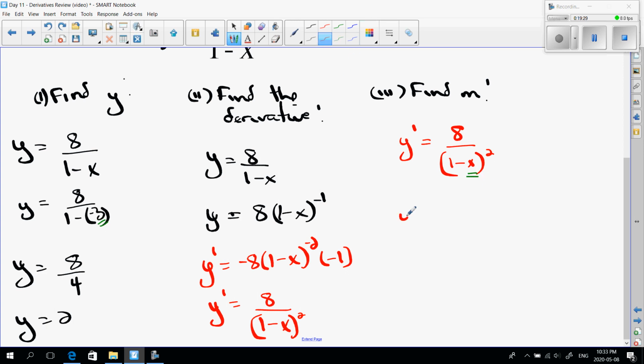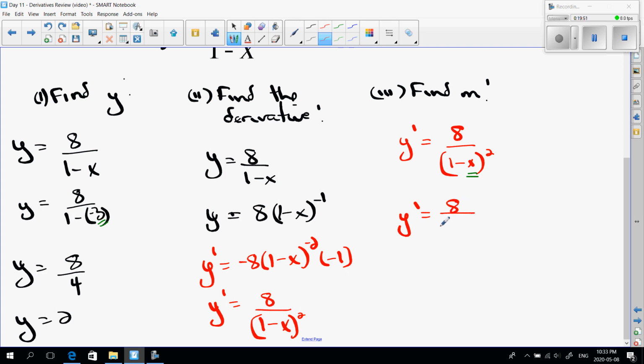Remember, we said right from the beginning of this section that if you plug x values into the f of x or the y equals equation, you get y values, you get heights. If you plug x values into the y prime equation or the dy over dx equation, you get slopes. You get the slope of the tangent line.